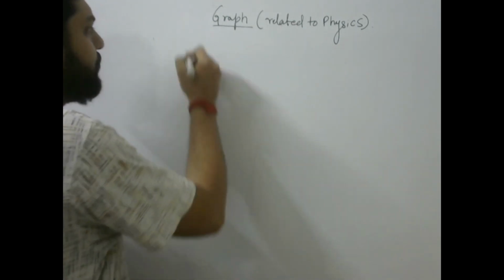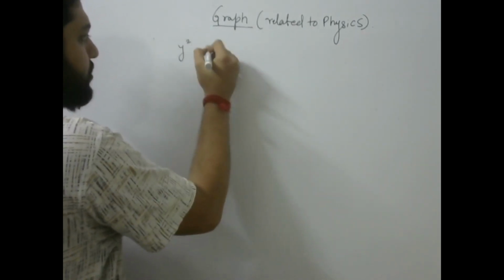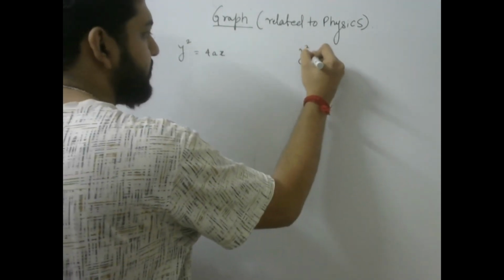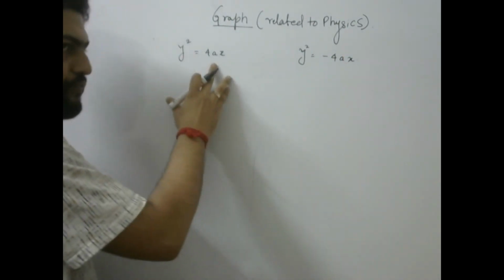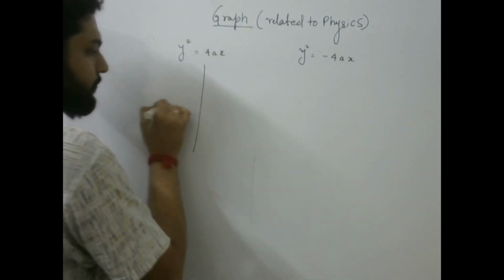Here we could have one equation that y squared is equal to 4ax, or y squared is equal to minus 4ax. One has a plus 4ax, another one has minus 4ax. Let's see how it looks.